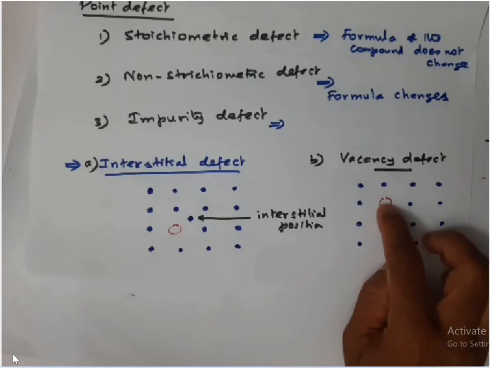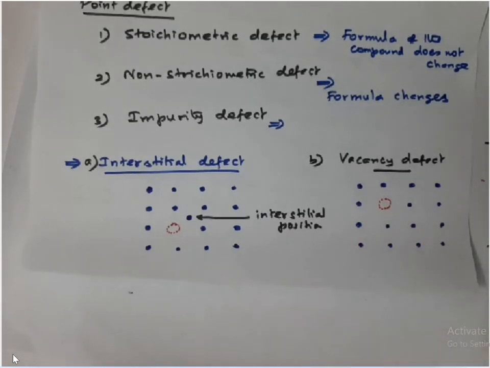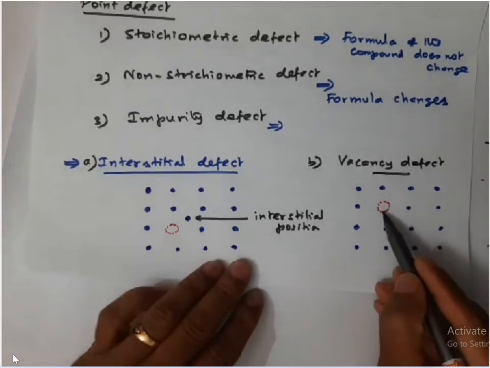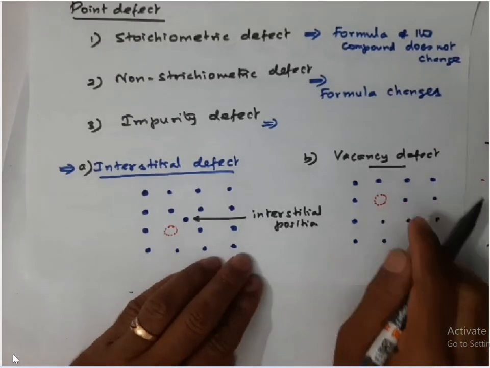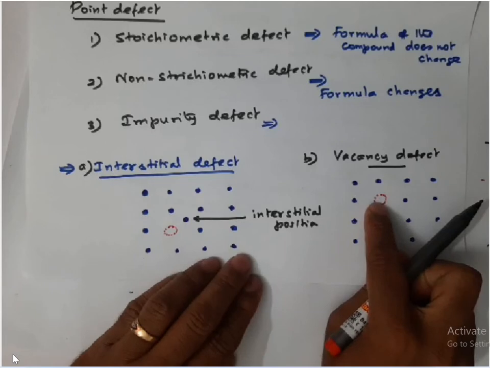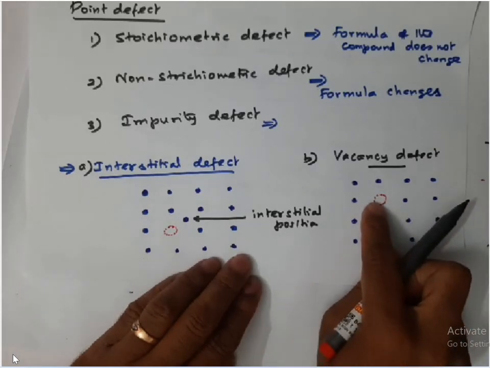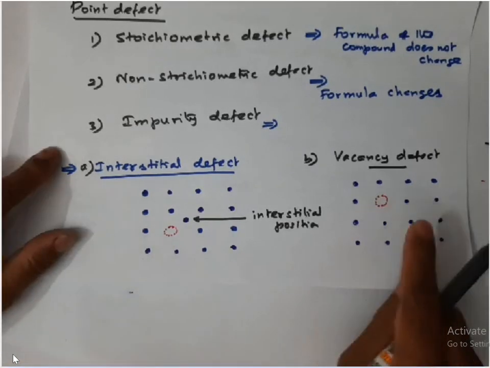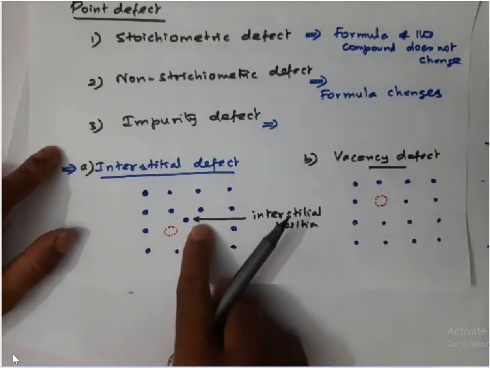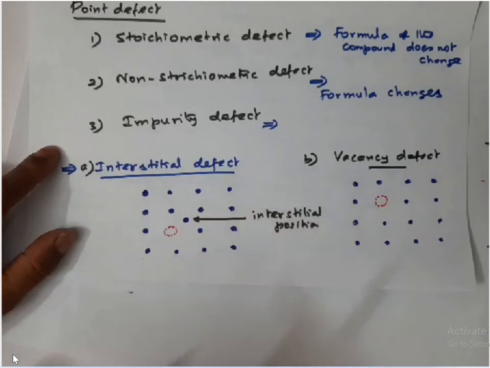Those places appear as vacant positions. If vacant positions exist in a crystal, we call this defect vacancy defect. So this is called vacancy defect, and this one is called interstitial defect.